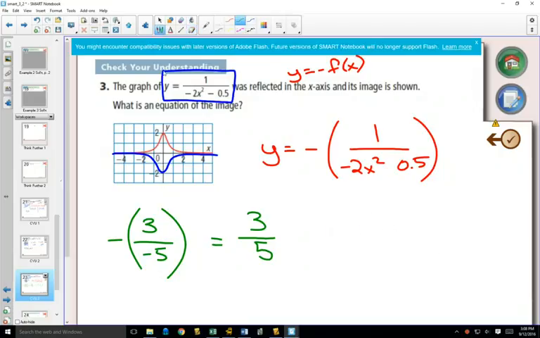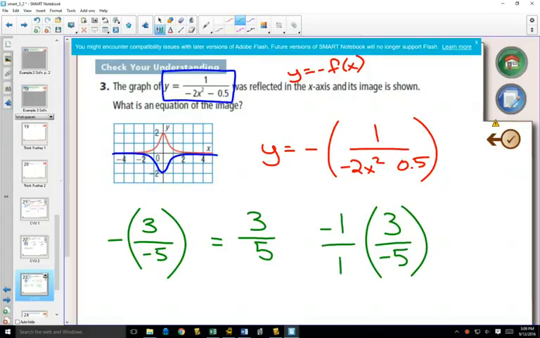Another way that we can think of this is that negative out in front is like a negative 1. If I'm wanting to multiply a fraction by a negative 1, when I multiply fractions, I need to multiply the numerators together and multiply the denominators together. So how do I write negative 1 as a fraction?